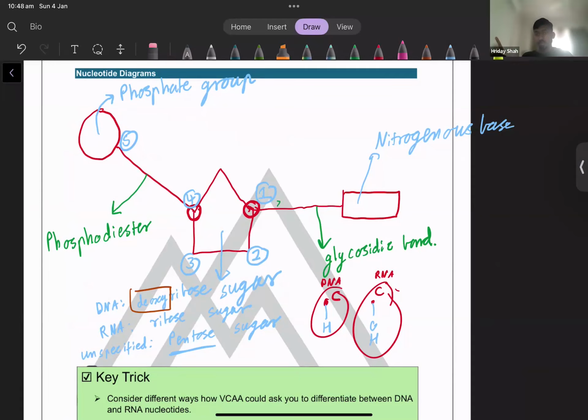So as an example, from the Haileybury 2022 SAC, right? So a real SAC, what they said is that you want to draw a nucleotide that is in the cytoplasm. Now, cytoplasm doesn't immediately tell you anything with DNA or RNA, and a lot of students just drew the general form of a nucleotide.